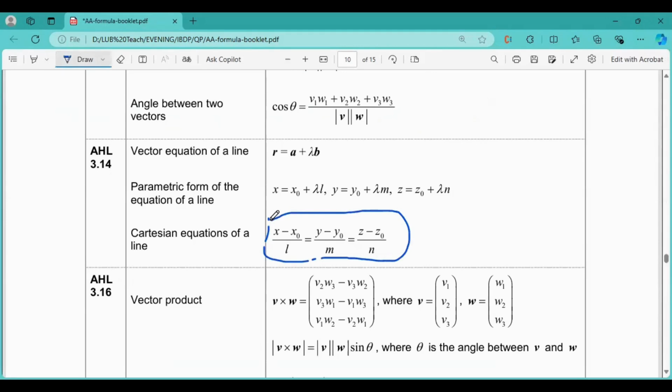Can you see here? Cartesian form. So we have to make sure our equation is in that form, and x naught, y naught, z naught will act as a fixed point. What about the other elements? They are direction vectors. So let's convert this form, and then it will be easy to convert to vector form. And we are back to the solution page.